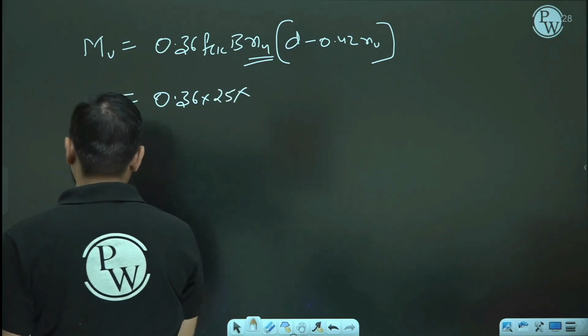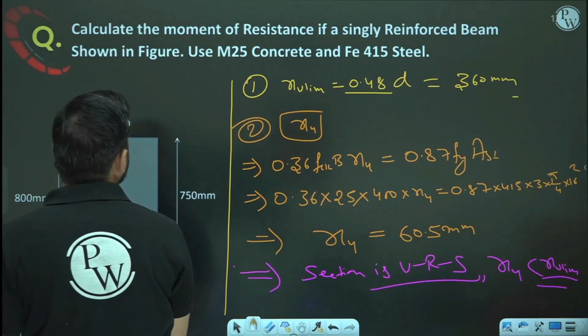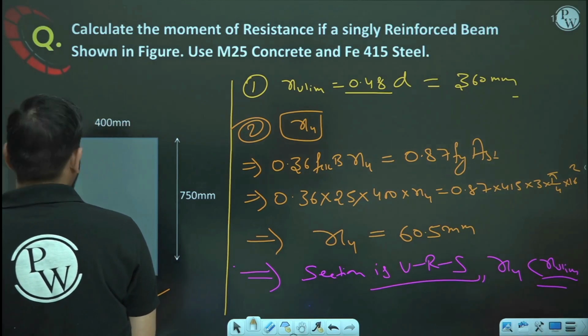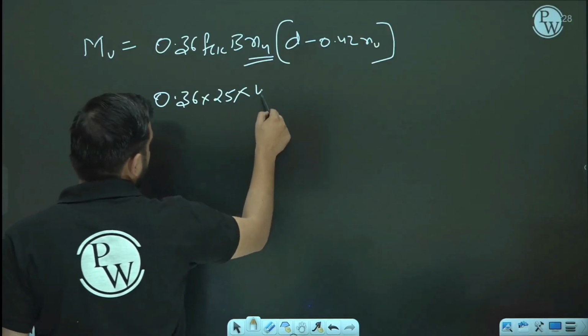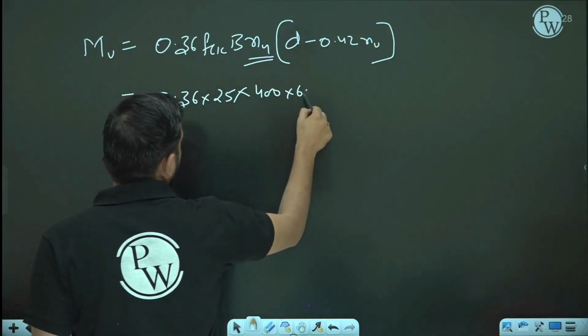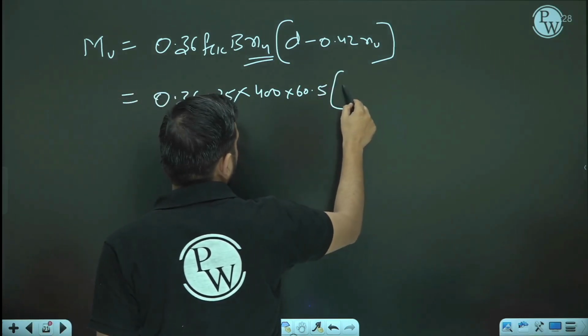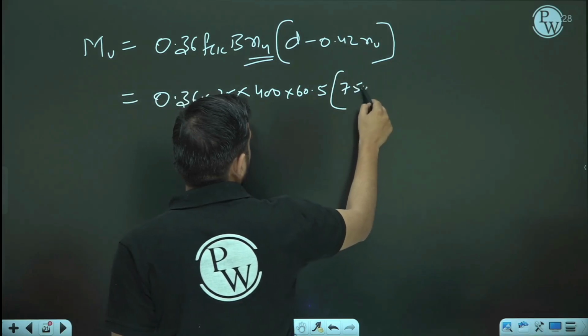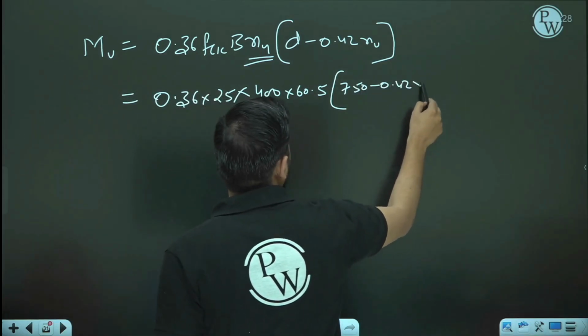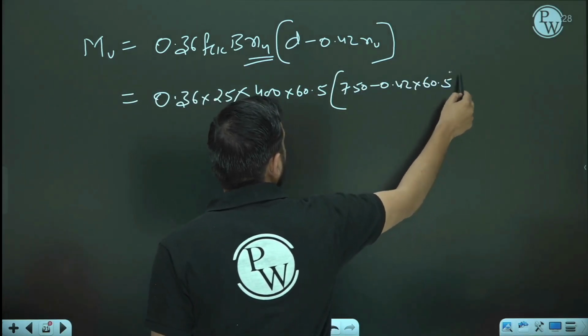What about b? b is 400 mm. Xu is 60.5 and d is, not 3, it is 750 minus 0.42 of 60.5.